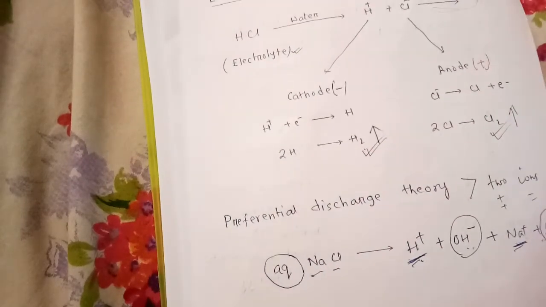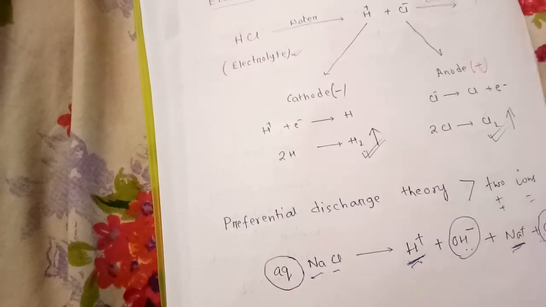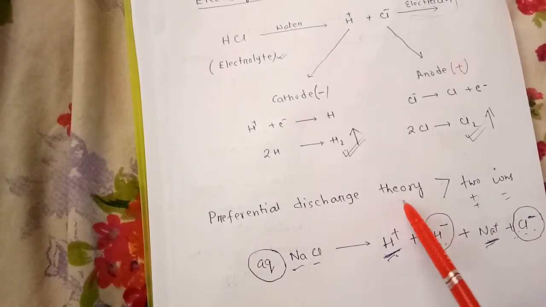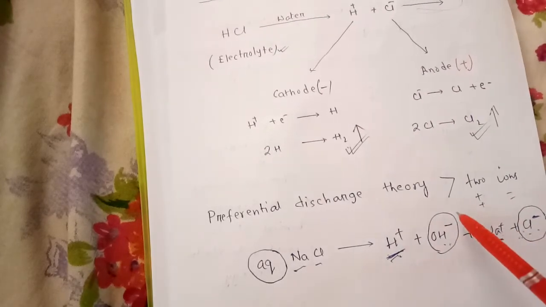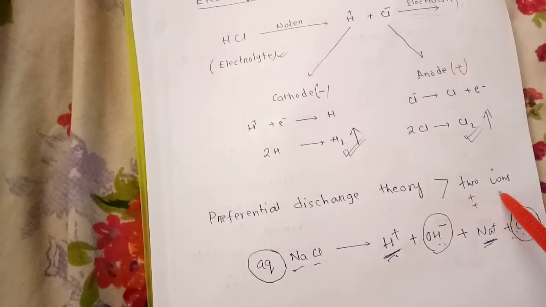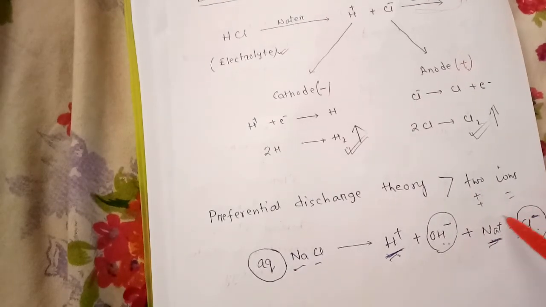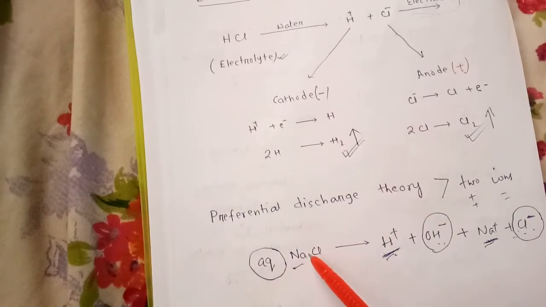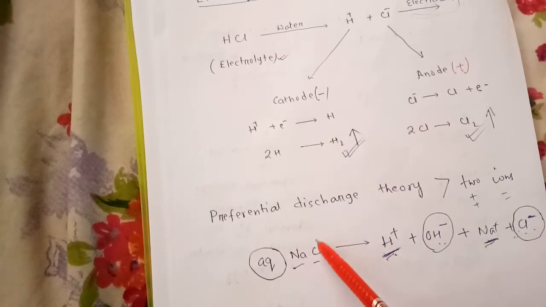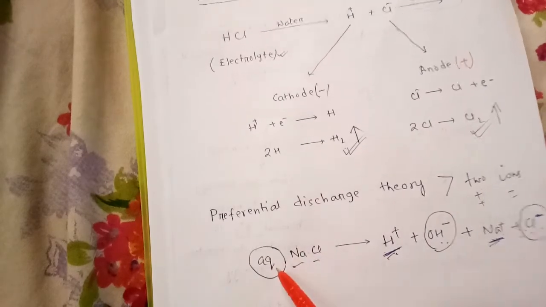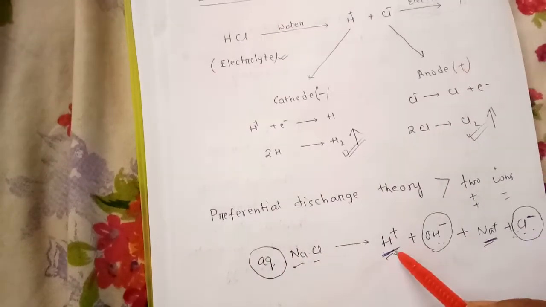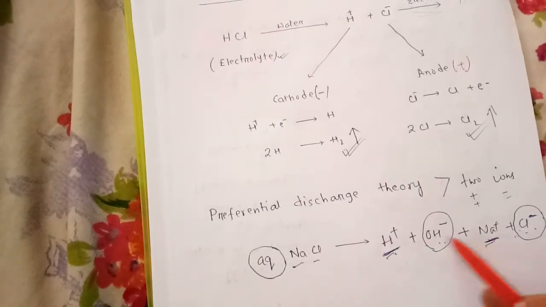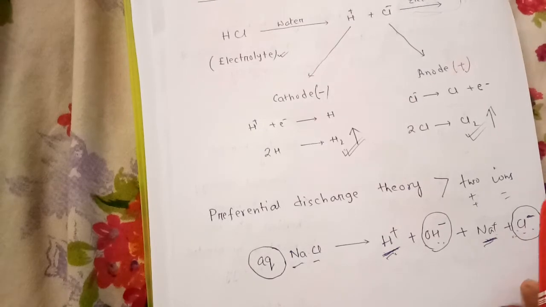This is called preferential discharge theory. Now for those electrolytes which produce more than two ions, what will happen? Two positive ions, two negative ions. If I take the example of aqueous NaCl, from the aqueous part we are getting H positive and OH negative, and from NaCl we are getting Na positive and Cl negative.